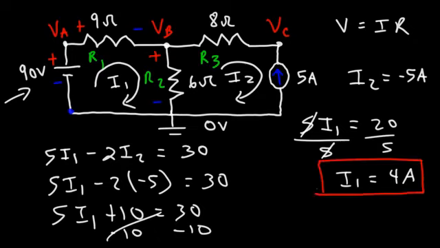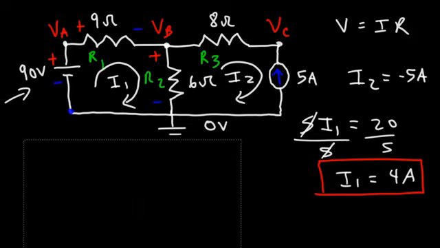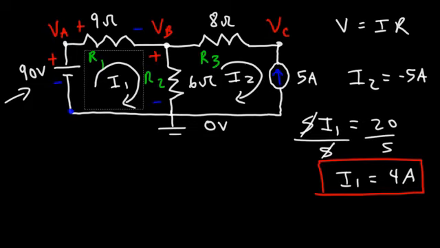So now that we have the current flowing in the first loop, and we also have the current flowing in the second loop, we have everything that we need to solve this circuit. So let me just clear out a few things.